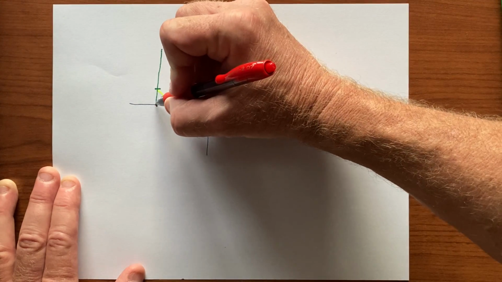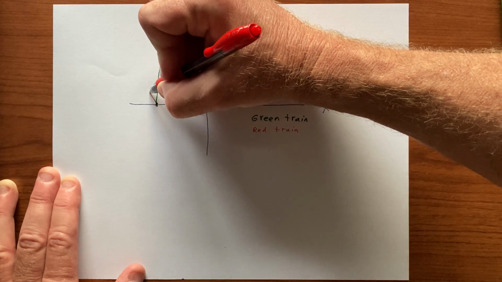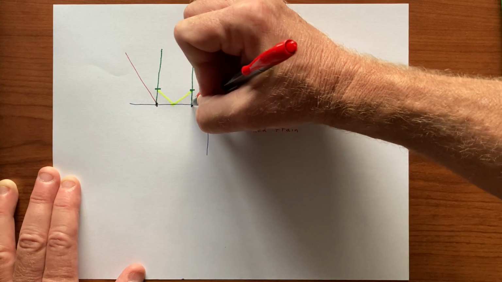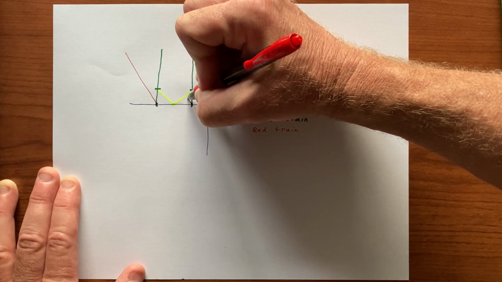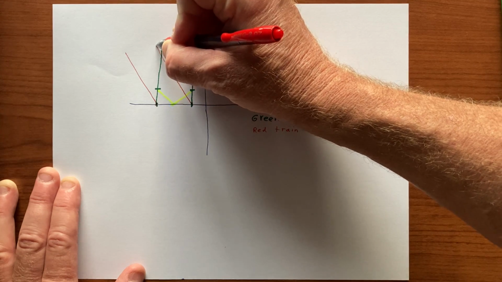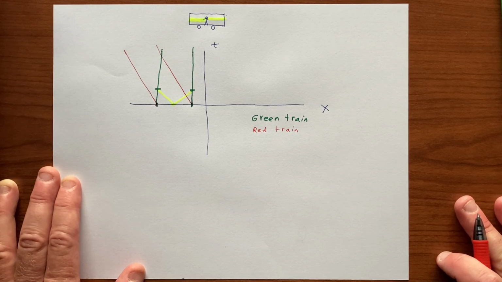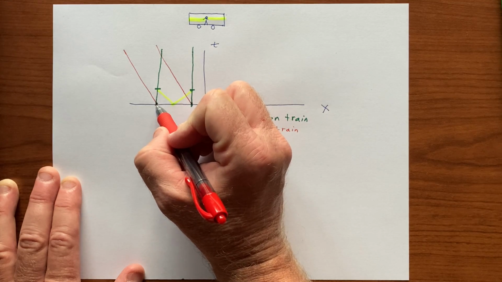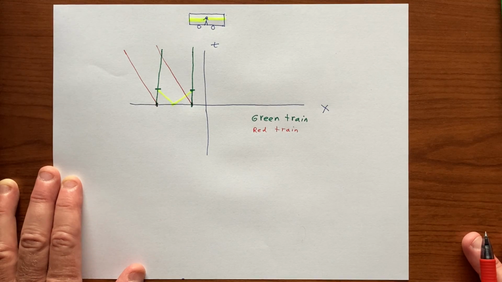So we have one end of the train going like that. And then the other end of the train, which is the back end of the train. And now I have to make this parallel to that red line. So that looks fairly decent. Okay, so that's the motion on the space-time diagram of the front end of the train and the back end of this red train.